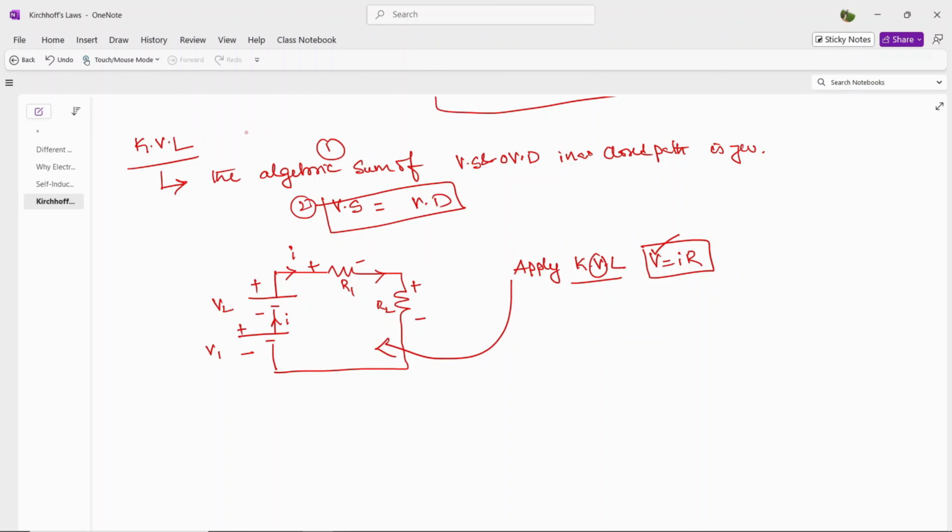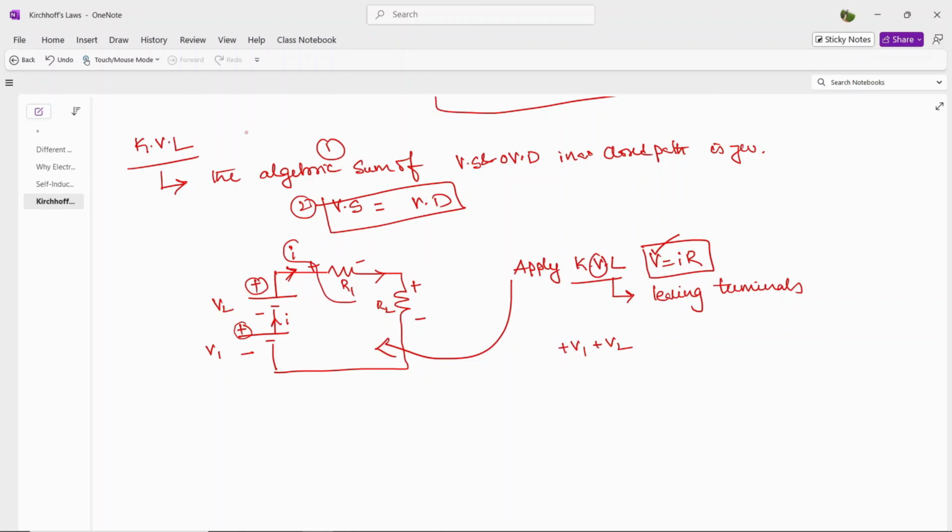I am writing the KVL with respect to leaving terminals, because the analysis is much easier that way. Current is leaving. What is the polarity of V1? It is plus V1. What is the polarity of the other voltage source? It is plus V2.